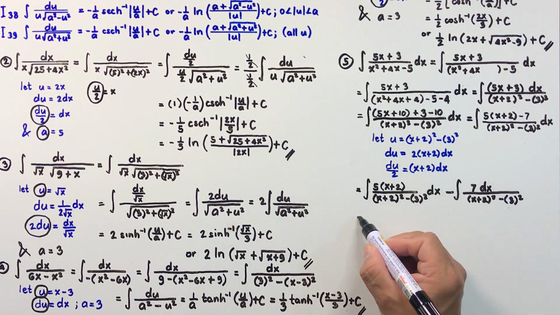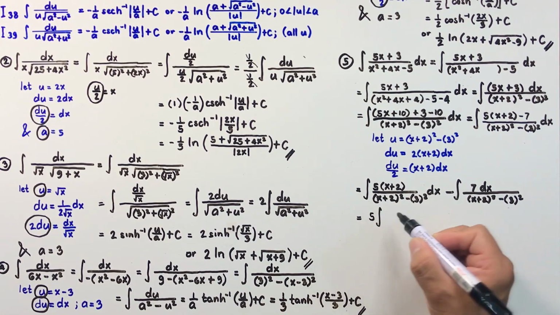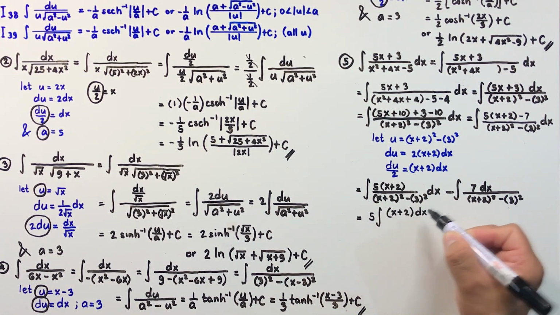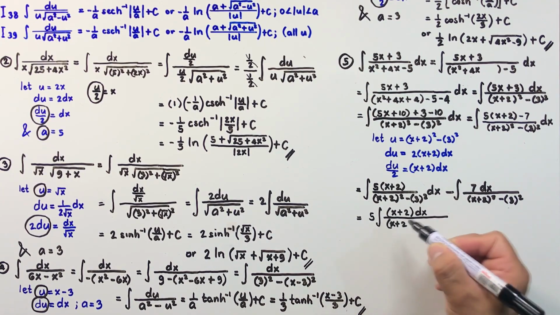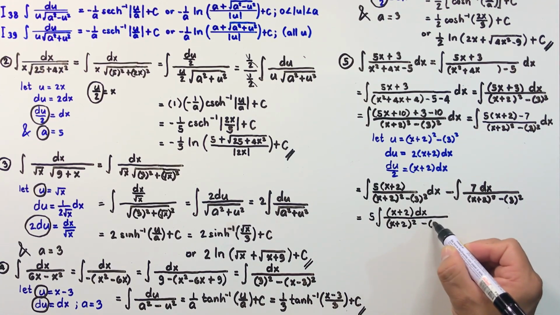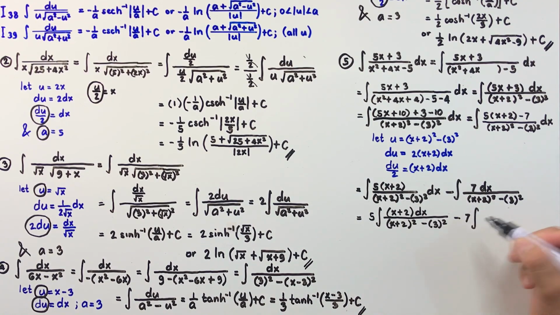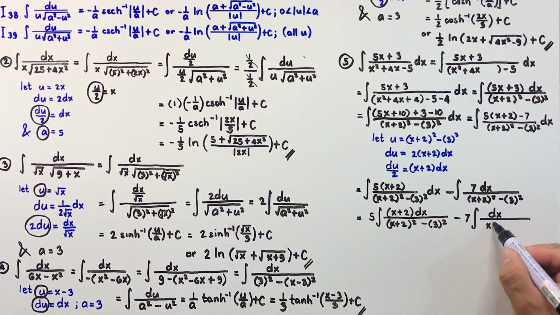So factoring all the constants outside the integral symbol, we have 5 times the integral of x plus 2 dx over the denominator, which is the quantity x plus 2 squared minus 3 squared. And this will be subtracted by 7 when you factor out the 7 outside the integral symbol. So we have dx over the denominator, the quantity x plus 2 squared minus 3 squared.